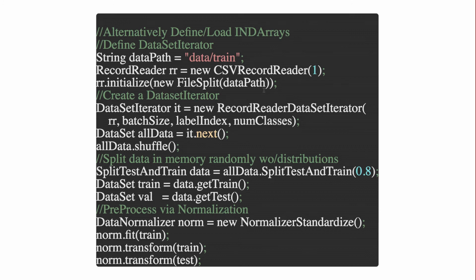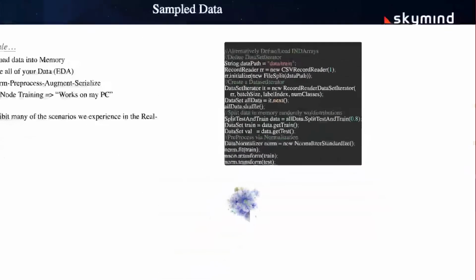Essentially, you're doing everything you would normally have done, except you're doing it on almost the indexes instead of the actual data, because that's what the file split does. Then you would do your train-test split, and then your normalization. Fortunately, that doesn't really hold up when you start scaling with lots of data. So this is what you would start out with when you're just kicking off a project.